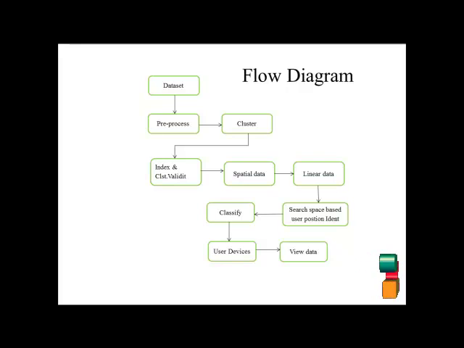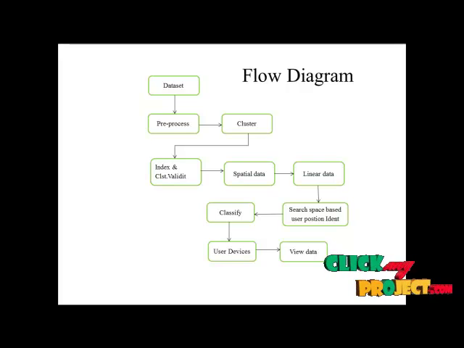We take the data set with many items, but the user locates particular points based on the global positioning system, which identifies the user's particular position. Here we use a group of objects as a single data, called spatial data. The spatial data is then compared in the linear data.